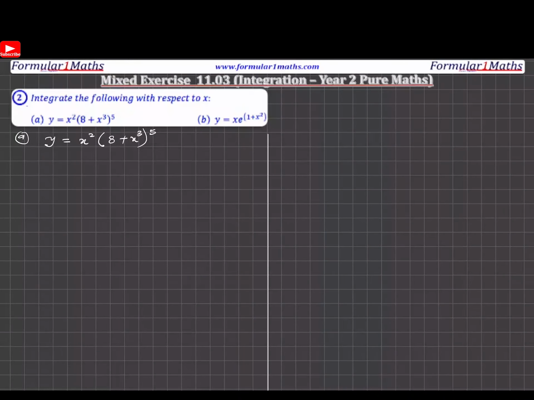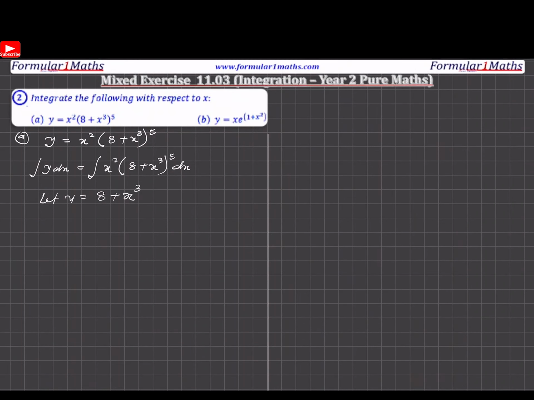If I integrate both sides with respect to x, I'm going to get the integral of y dx equals the integral of x squared, brackets 8 plus x cubed, all to the power 5 dx. I'm going to use substitution here, and the substitution will be: let u equal 8 plus x cubed.